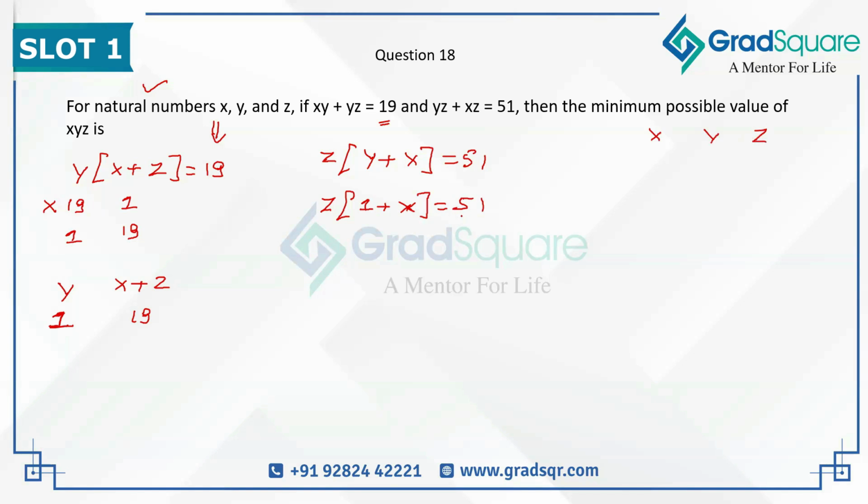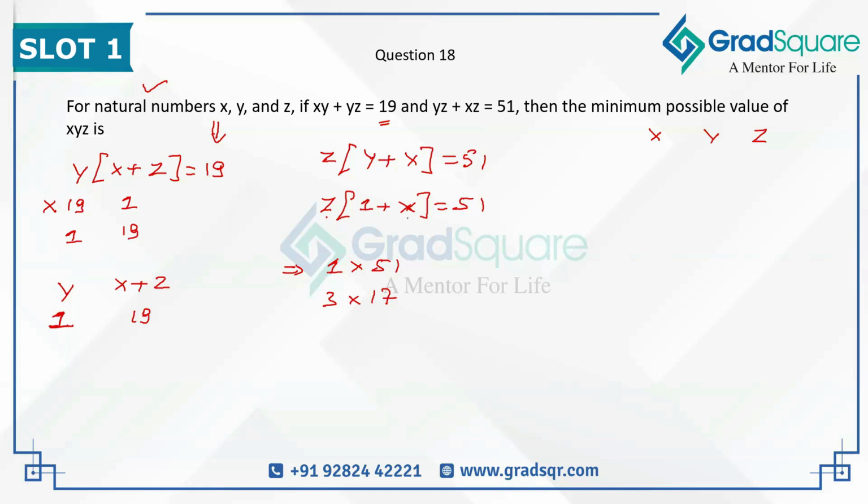Now, if you look at 51, 51 can be written as a product of what all numbers? 51 can be written as 1 into 51. And the next thing that you can do is 3 into 17. These are the two things that you can do. Now, let's look at the first one, 1 into 51. If your value of Z turns out to be 1, then X will turn out to be 1 plus 50 giving 51.